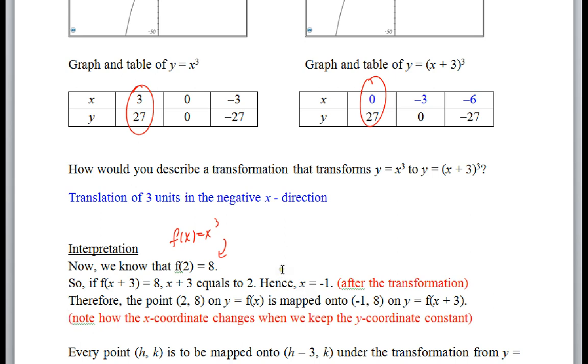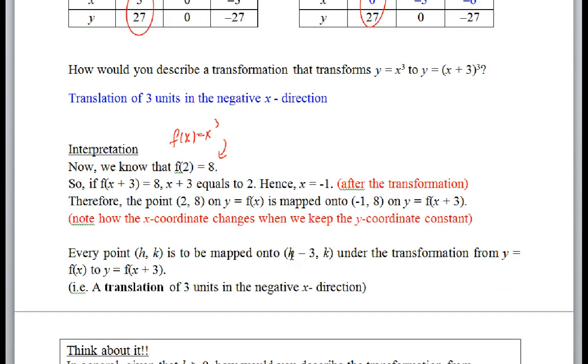So every single point (h, k), your x coordinate now becomes h minus 3.